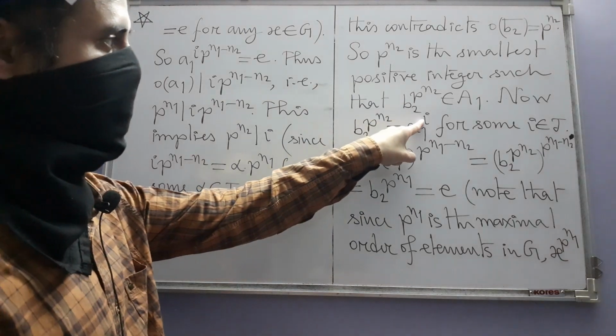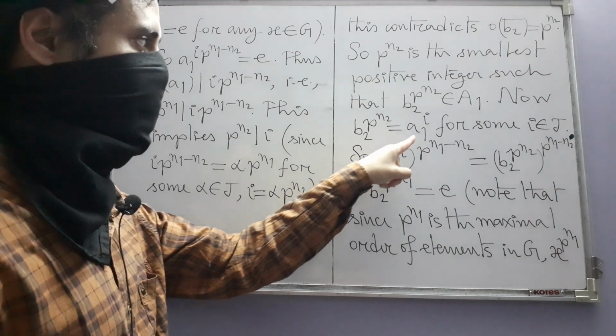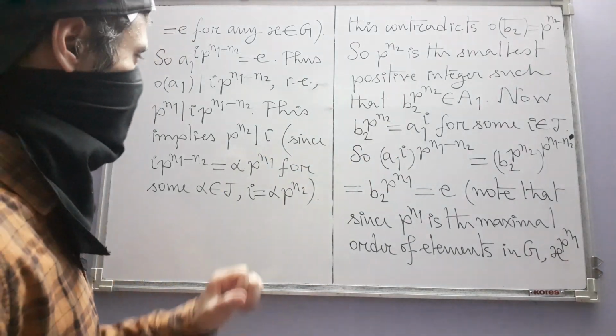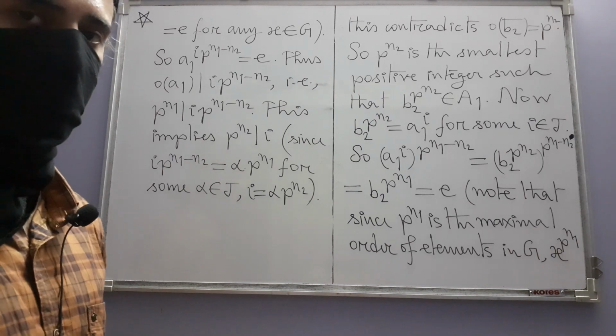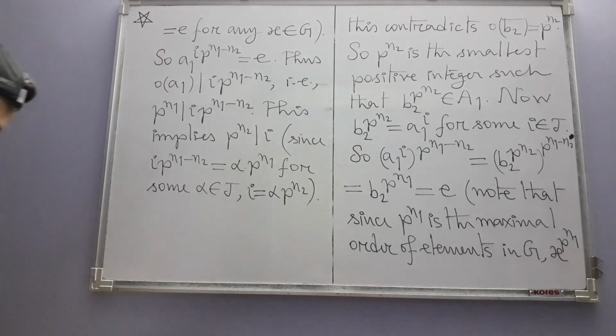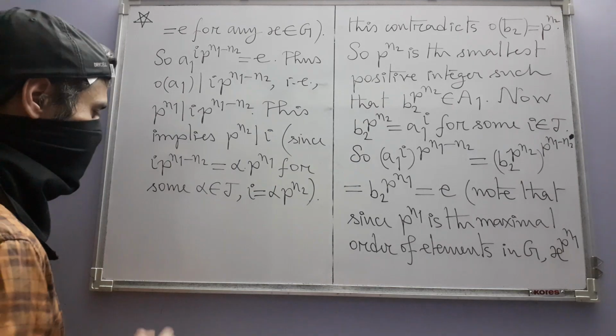And this, what is this I? This I is that exponent which gives us this power of b2 as a power of a1. And that I, it turns out, has to be divisible by p to the power n2. Okay. So if it is divisible by p to the power n2, it will be some multiple of p to the power n2.